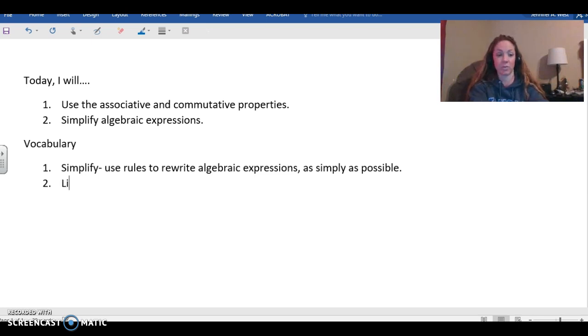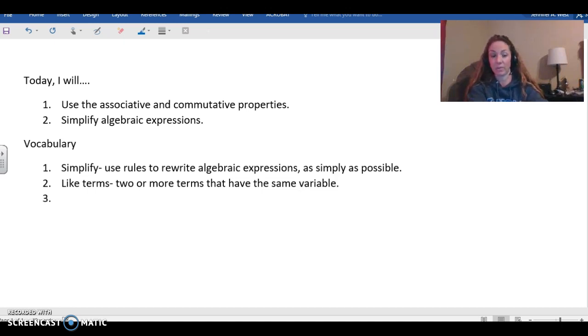Your second vocabulary word is like terms. And that is when two or more terms in your algebraic expression have the same variable. So like terms are two or more terms that have the same variable.